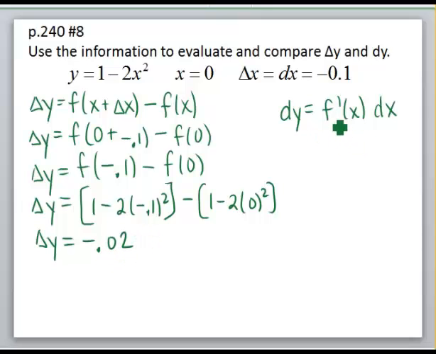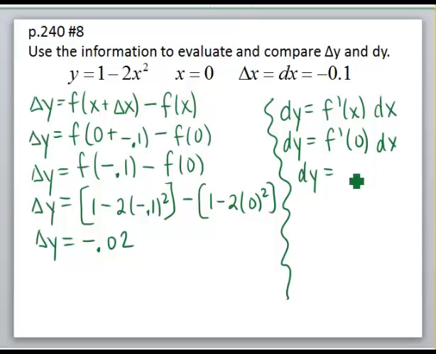On this other part here, I know that dy is equal to f prime of 0 dx. Let me go ahead and separate those two. I need to know what f prime of 0 is. Well, in order to do that, I need to know what f prime is. So y prime is equal to negative 4x.